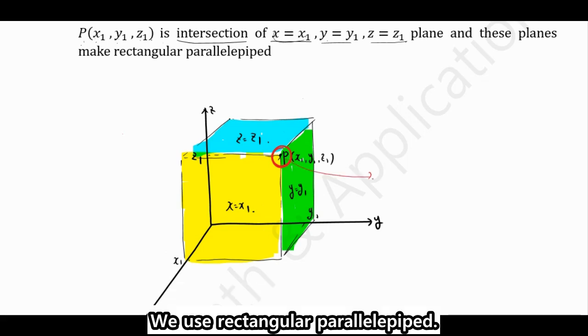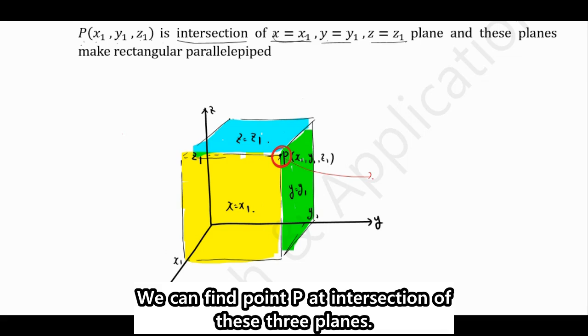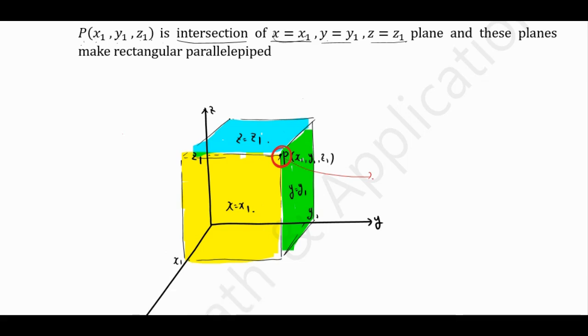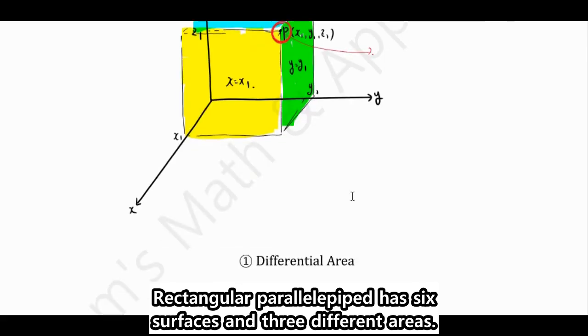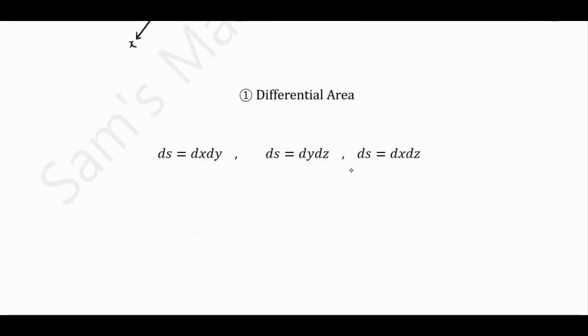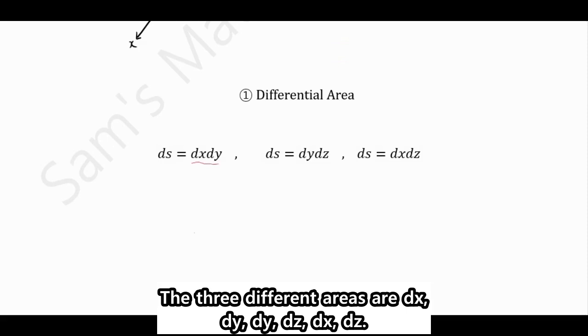In a rectangular coordinate system, we can find P at the intersection of these 3 planes. So we use a rectangular parallelepiped. Rectangular parallelepiped has 6 surfaces and 3 differential areas. The 3 differential areas are dx dy, dy dz, dx dz.